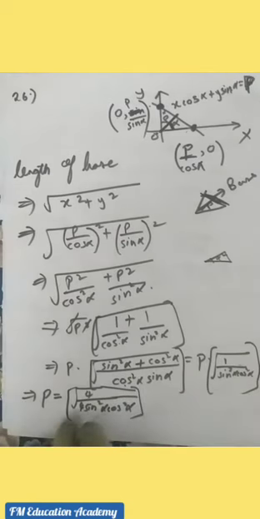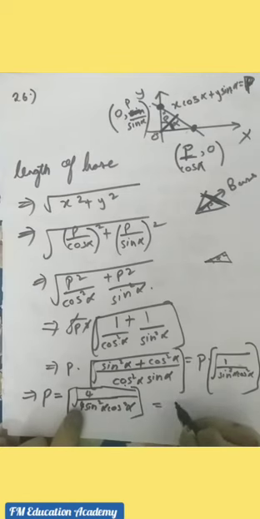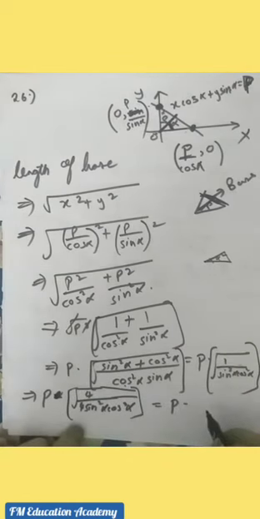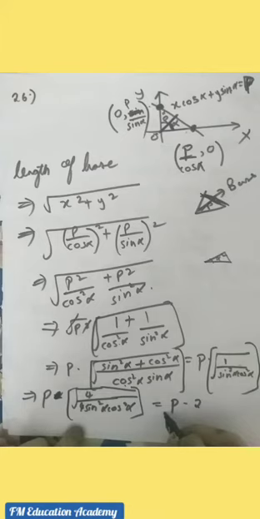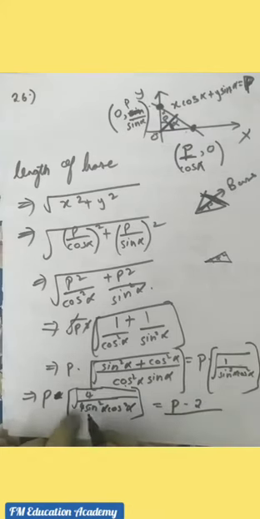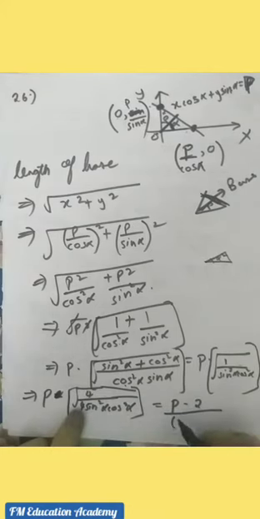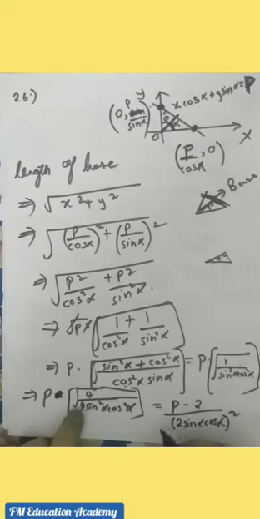Now 4 sin square alpha cos square alpha can be written as P into, root 4 numerator will take out 2, whole divided by 4 sin alpha cos alpha whole square. So 2 whole square is 4, and 2 into sin alpha cos alpha whole square is 4 sin square alpha cos square alpha. And this is in root, right?